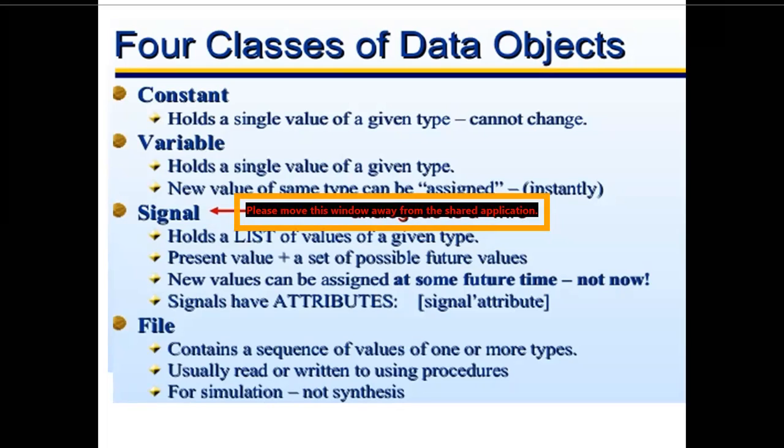Note down those types. First one constants, second one variables, third one signals, and fourth one files. So this is our next topic, that is data object. What is meant by object? An object holds some particular value or a set of values. Under objects, we have four types: constants, variables, signals, and files.